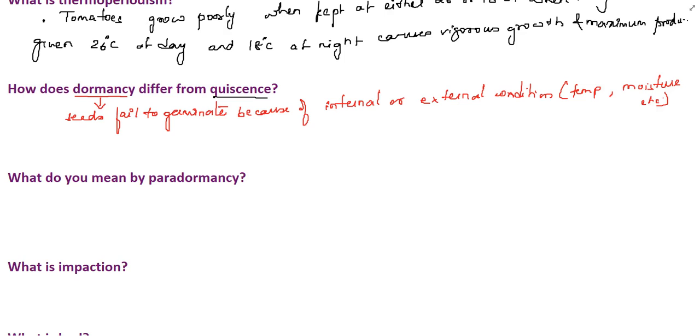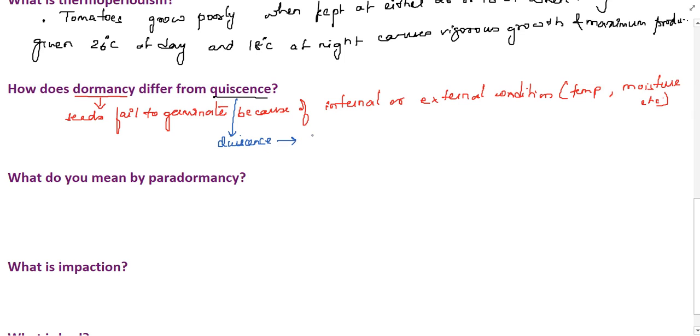But what is this quiescence? So quiescence is a condition of a seed when the seed is unable to germinate only because suitable external conditions are not available.